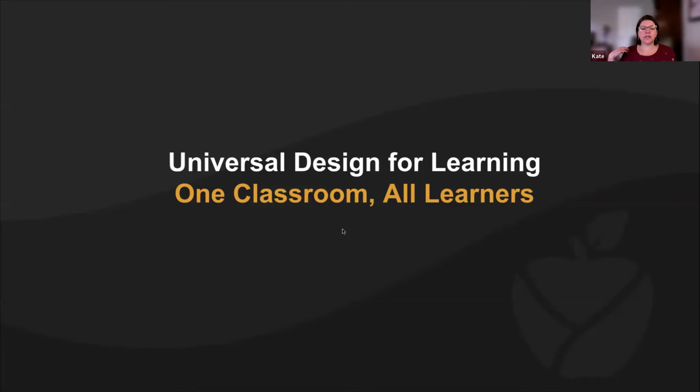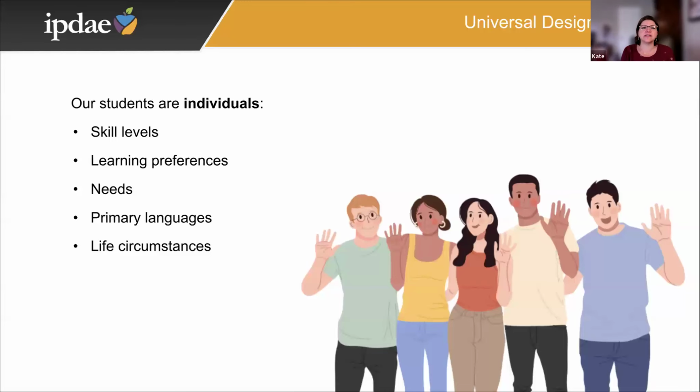All right, so let's talk universal design for learning. Depending on how long you've been in education, you've probably heard this term before. It has been around, and it has been a push in adult education for at least the last decade. But the idea here is that our students are individuals.